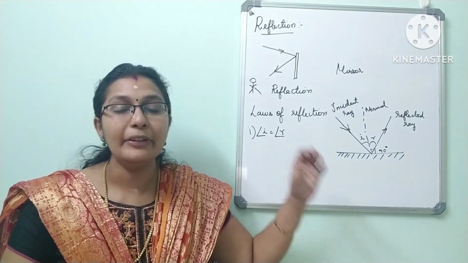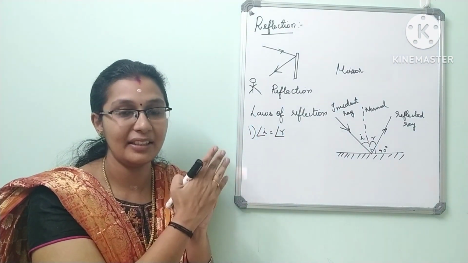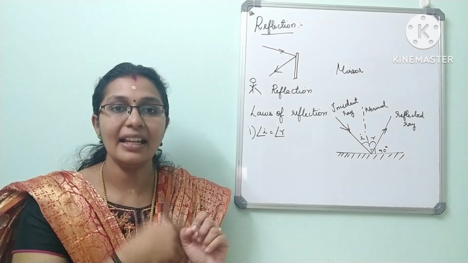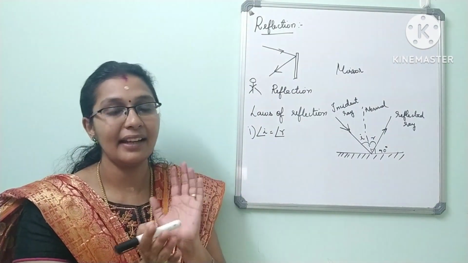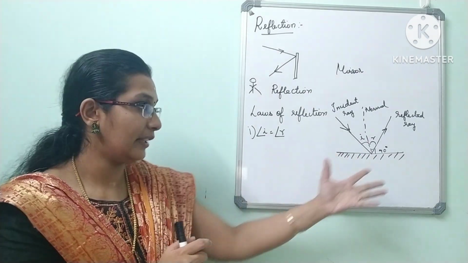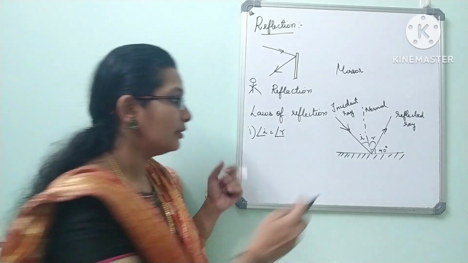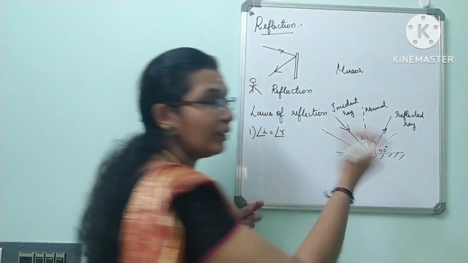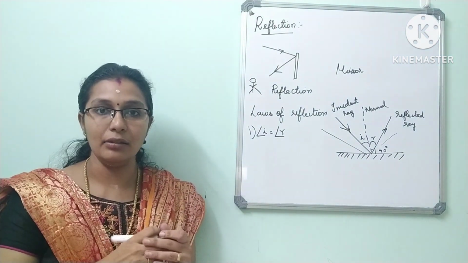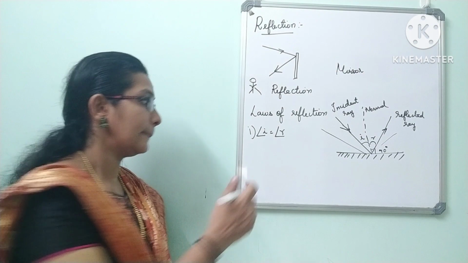The angle between the incident ray and the normal. Kindly remember this. The angle between the incident ray and the normal is called the angle of incidence, and the angle between the reflected ray and the normal is called the angle of reflection. So both will be equal. This is the first law. Suppose the angle is like this, it will also cover the same angle. Clear? So that is what the first law of reflection states.